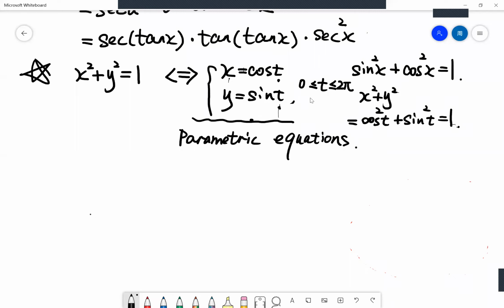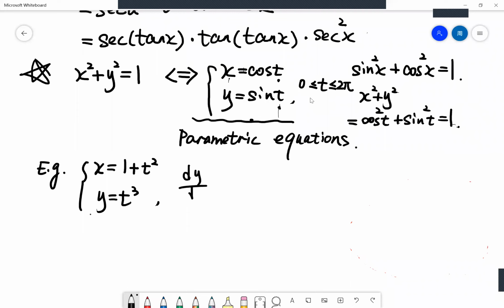So here is a question: if I give you a function shown by parametric equations, for example x equals 1 plus t squared and y equals t to the power 3, how do we find the derivative of the function?